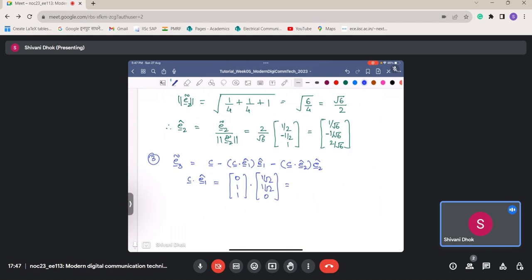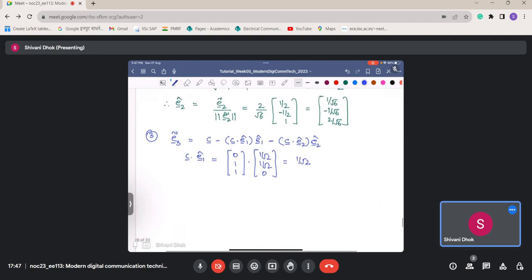So this comes out to be 1 by root 2. And then c dot e2 hat is again (0, 1, 1) dot product with (1 by root 6, minus 1 by root 6, 2 by root 6). So this is minus 1 by root 6 plus 2 by root 6, which comes out to be 1 by root 6.